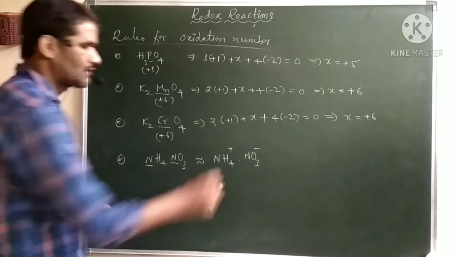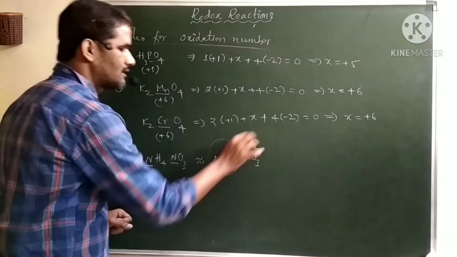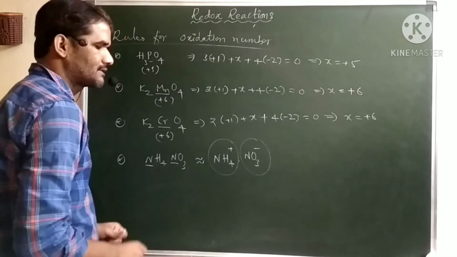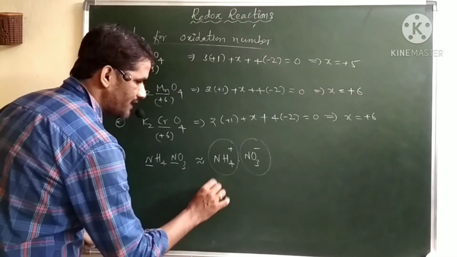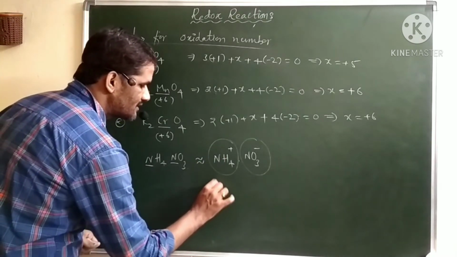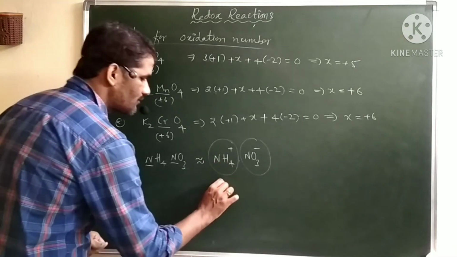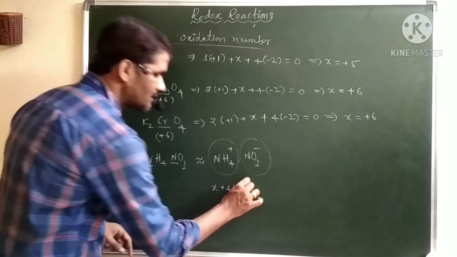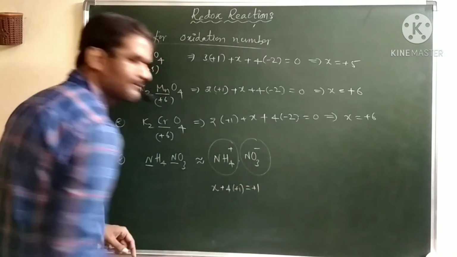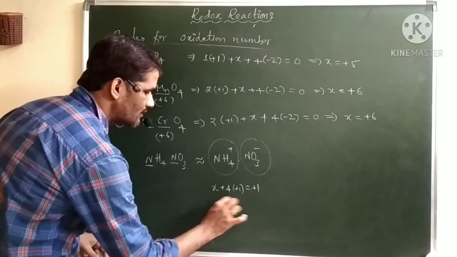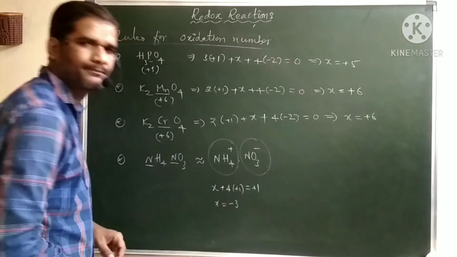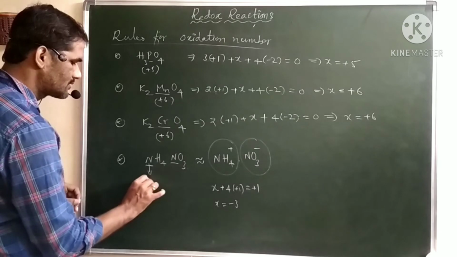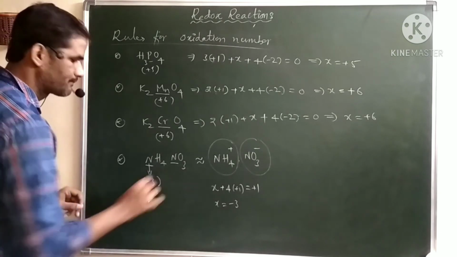So you have to take NH4 plus and NO3 minus separately. In NH4 plus, let us assume the nitrogen oxidation state is X and there are 4 hydrogens, 4 into plus 1, and the total is equal to plus 1. Then you will get X equal to minus 3. So in ammonium nitrate, this nitrogen oxidation state is minus 3.